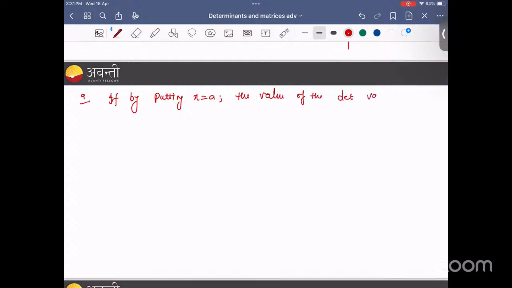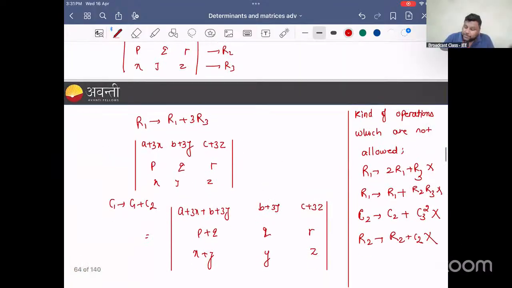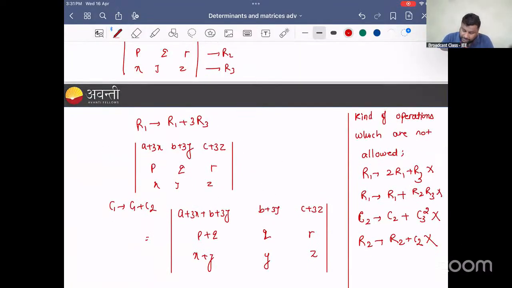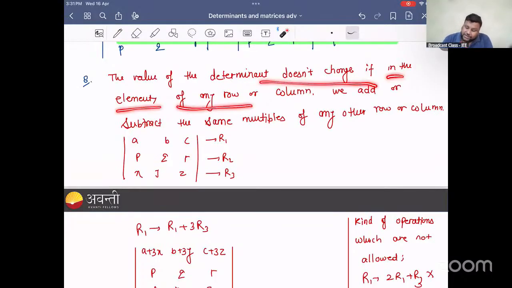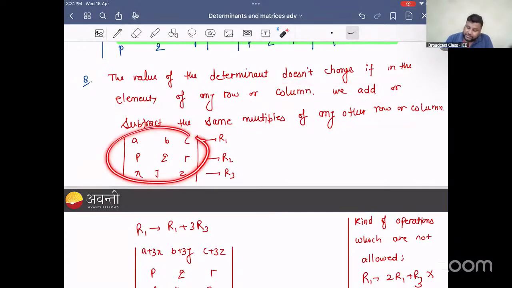Sir, explain the 8th property again, sir. Which property? 8th property. The 8th property is simply saying that the value of the determinant does not change if, in the elements of any row or column, we add or subtract the same multiples of any other row or column. Like, one determinant is this, we call it R1, R2, R3.